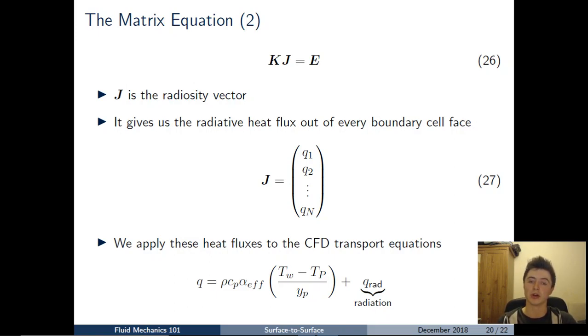Just a reminder that after you've solved that radiation matrix equation to get the radiosity vector J, each of those radiative heat fluxes given by the Qs is the radiation emitted off the surface of each cell in our mesh, and we couple that with our conduction and convection equation using equation 28, which is the boundary condition we apply on the surface of all of our cells. The radiation is an additional heat flux off the surface.